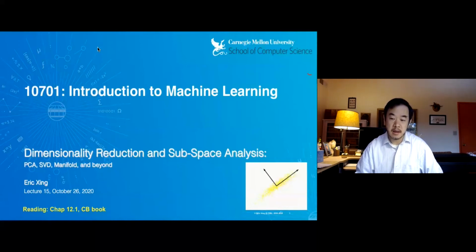In fact, nowadays, when we hear in deep learning research terms like transformers and encoders, they actually are conceptually closer to this subspace analysis. Although not necessarily it is a dimensionality reduction.